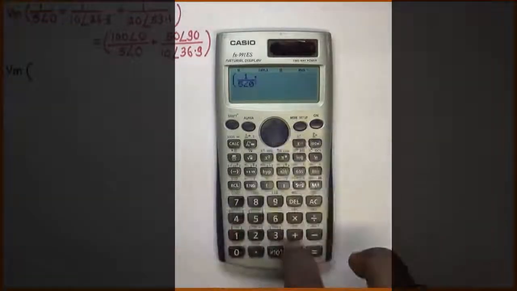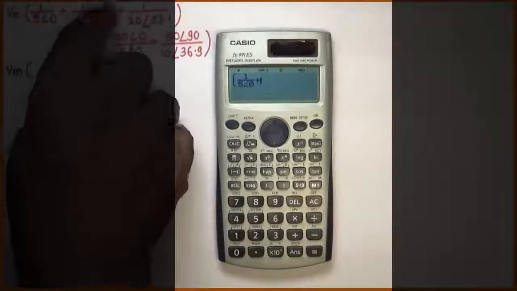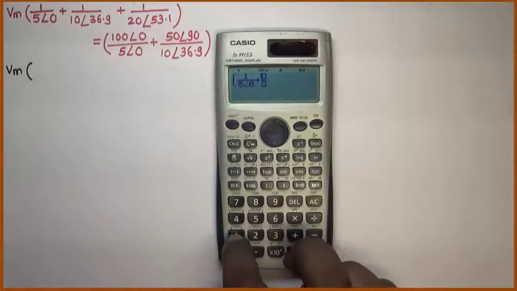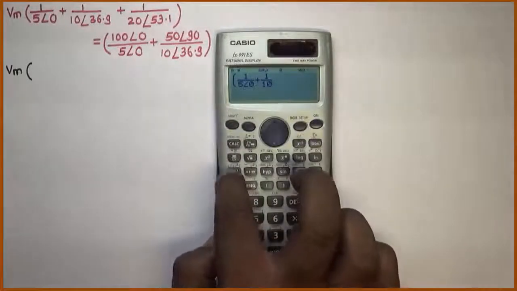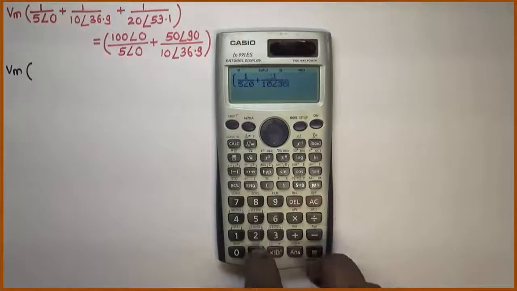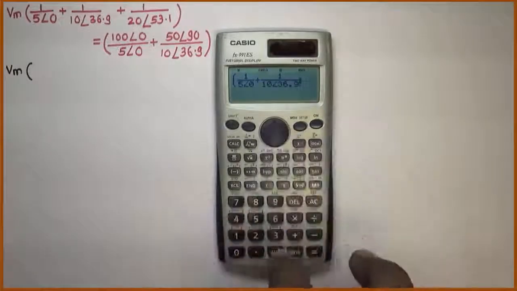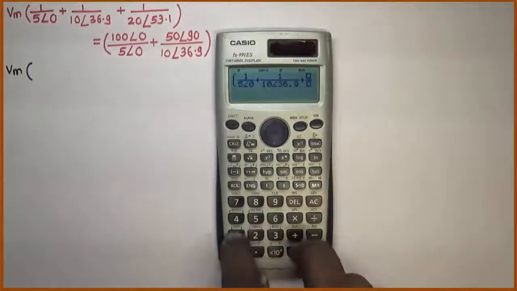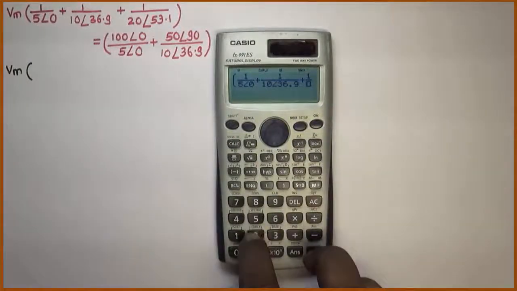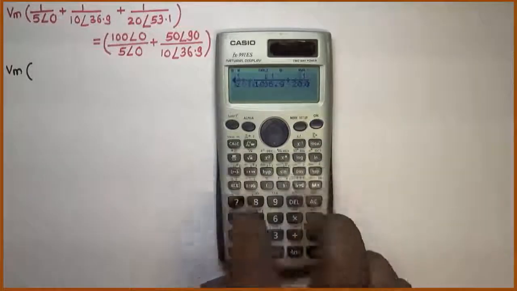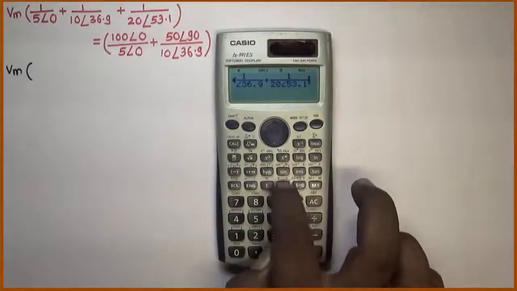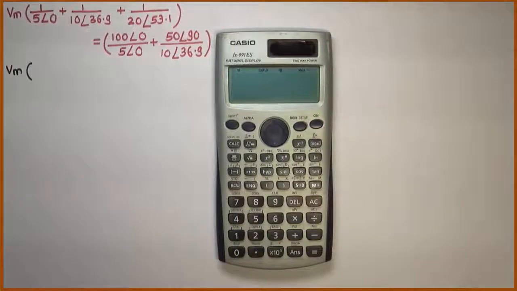So the first number is entered, plus. Similarly, you have to go for the second number. This 1, 10, the second number is entered, plus the third number, again the division symbol, 1, 20, angle 53.1, bracket complete, is equal to.